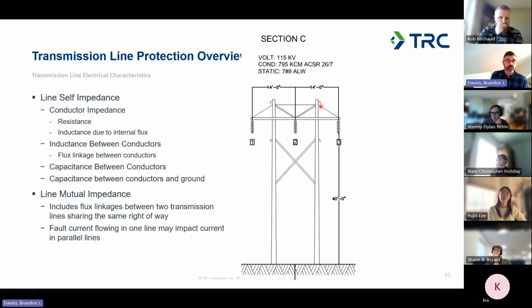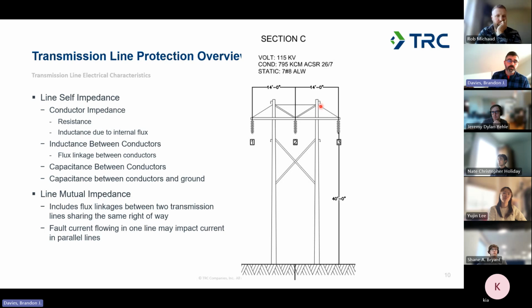They all play into your line impedance, and that's going to come in with your conductor impedance. So you're going to have obviously the conductor itself, that ACSR conductor for your phase conductors, is going to have a resistance associated with it and an amount of inductance due to the internal connections and relationship to each of the separate strands.